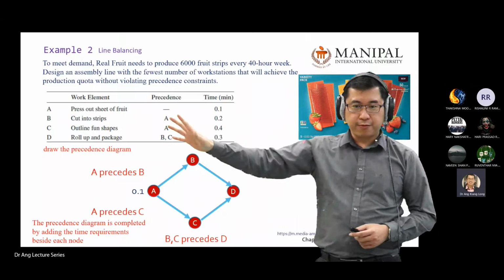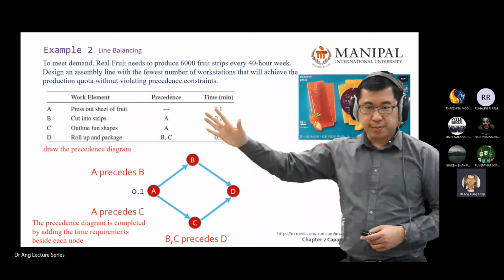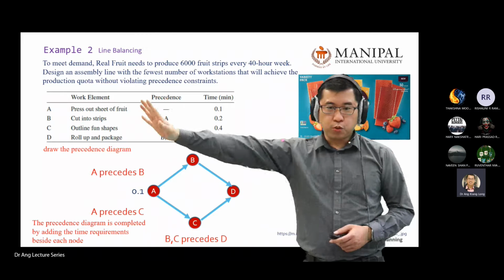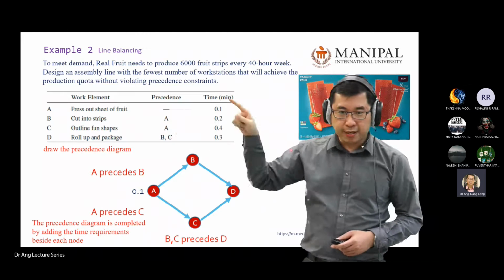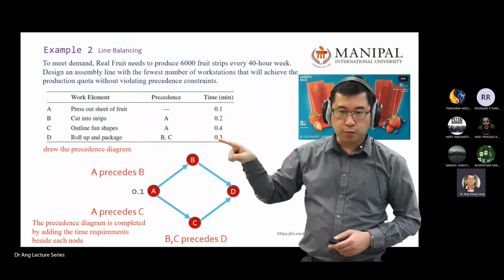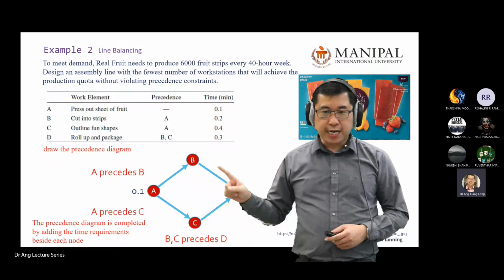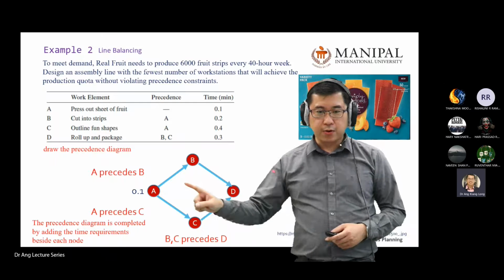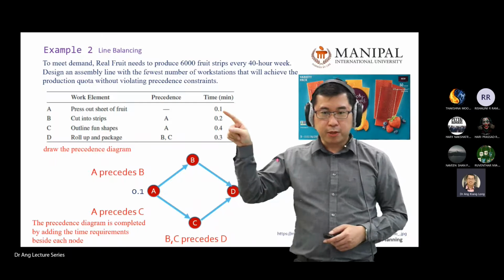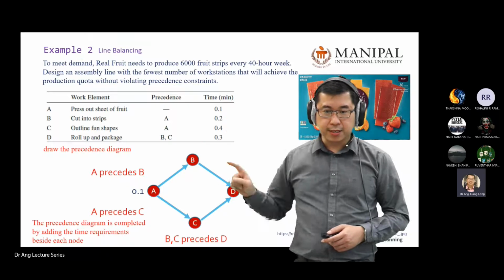Once you have converted this table into this diagram, you don't need the table anymore, but there's some information you need to put on the diagram first. So the precedence diagram needs workstation, arrow, and one more, the time. Remember to put the time beside the station.